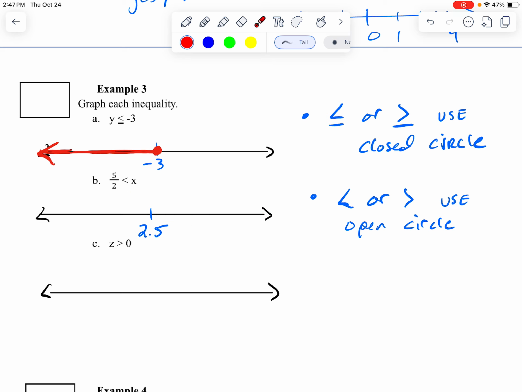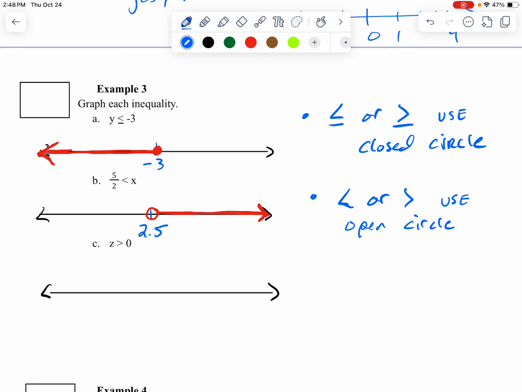And since it's greater than but not equal to, that's where we're going to use this open circle. And anything over here would be a solution. Any value larger than 2.5 would make this inequality true. Remember, that's what we mean when we talk about solutions. Any value for that variable that would make the inequality true.